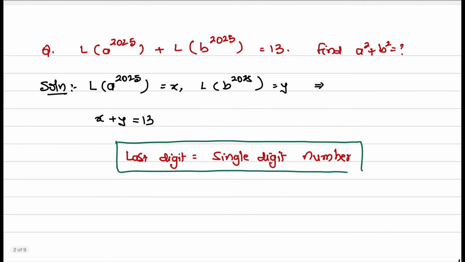Single digit positive integer, last digit. That means it is greater than 0 and less than 10, so it varies from 1 to 9. From the question given, we have the concept that last digit means a single digit number that varies from 1 to 9. We are not aware what the numbers x and y are.